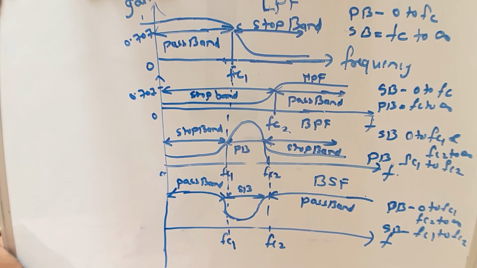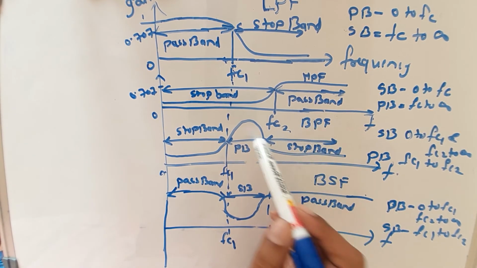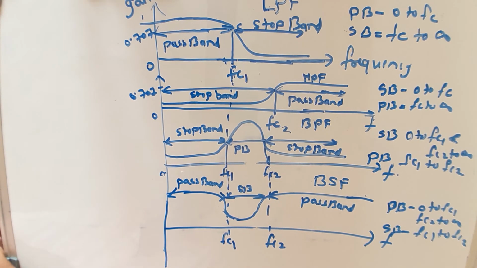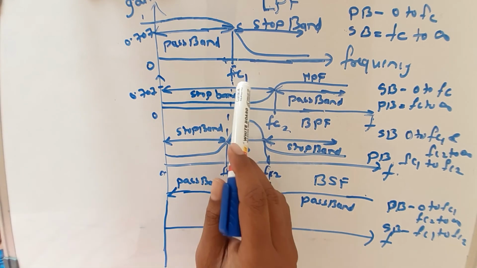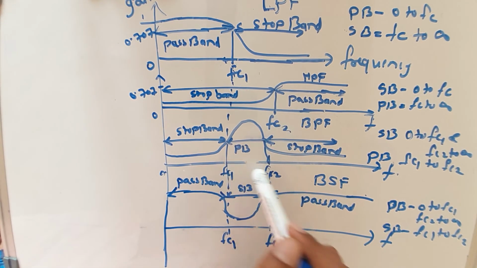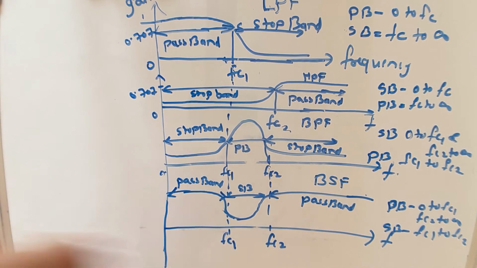Then after this we will go for the band pass filters, which will pass the frequency in between the low pass filter and high pass filters. So here we have cutoff frequency 1, and here we have cutoff frequency 2. So we'll take FC1 and FC2. The gain is maximum, so that is called the pass band, and here we have the two stop bands.